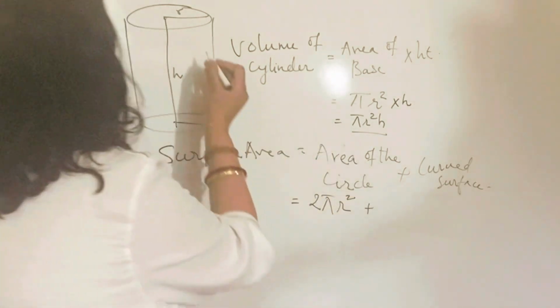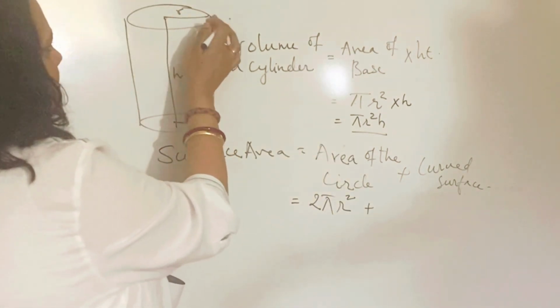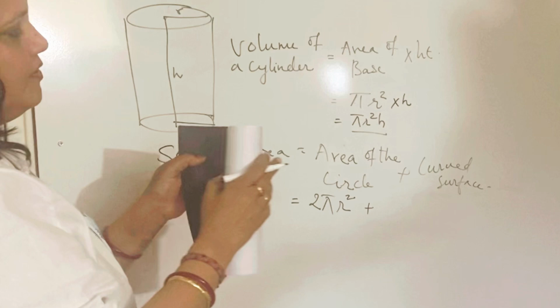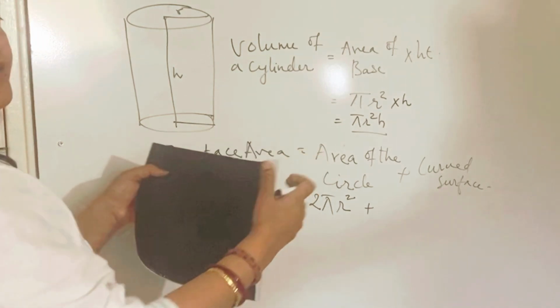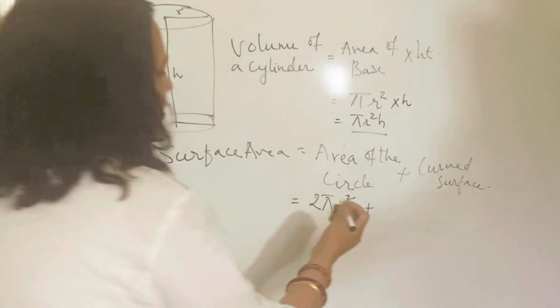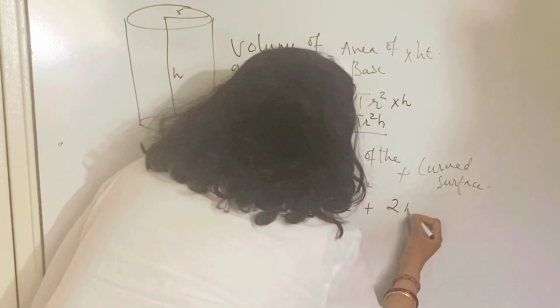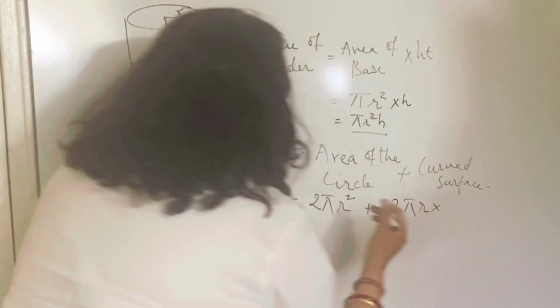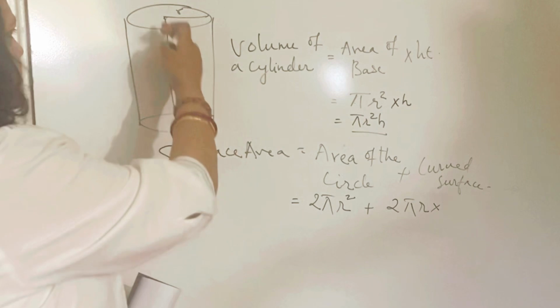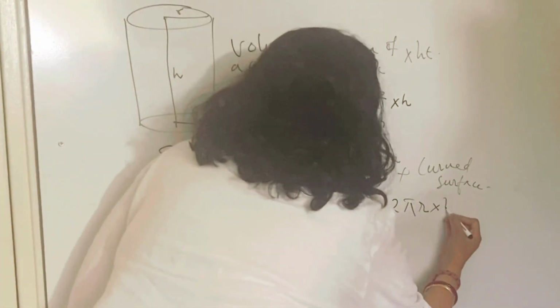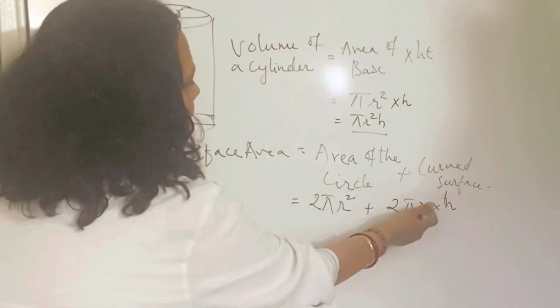So the area of this curved surface is the circumference, 2 pi r, into the height h. So 2 pi r h.